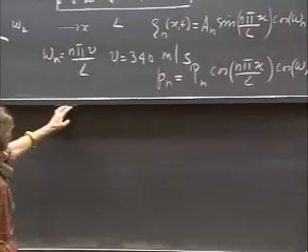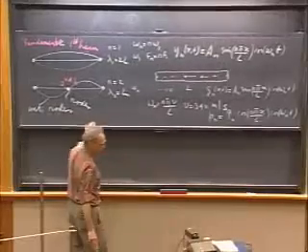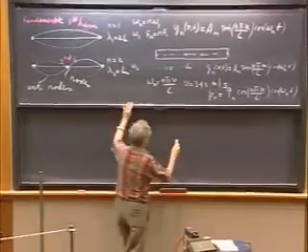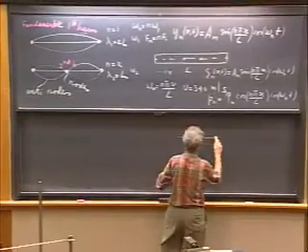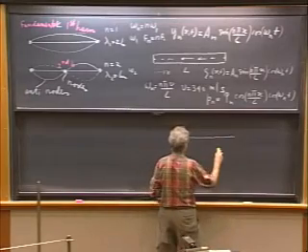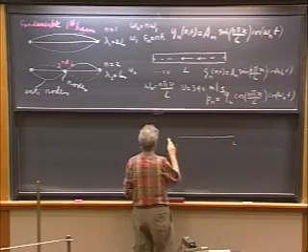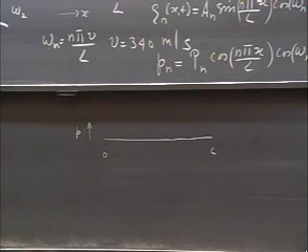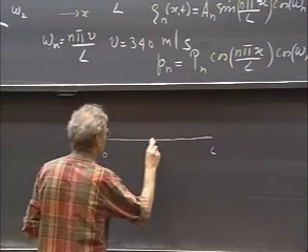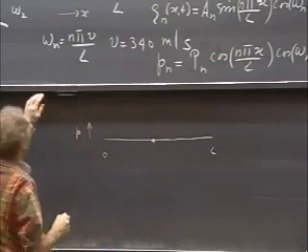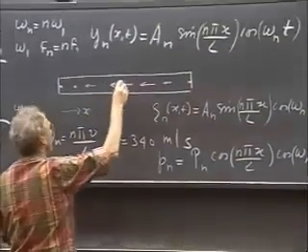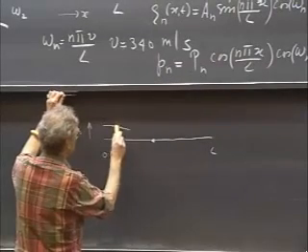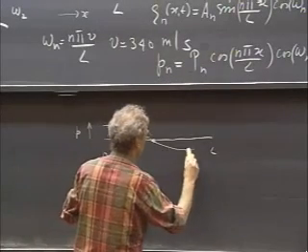If I made a plot of the pressure, I will do it here so that it doesn't become too cluttered. So here is now 0, and here is L. If I put here the pressure, then in the first harmonic, the fundamental, there is now a pressure node in the middle, where there was an antinode for psi, and then the pressure will change in this way.